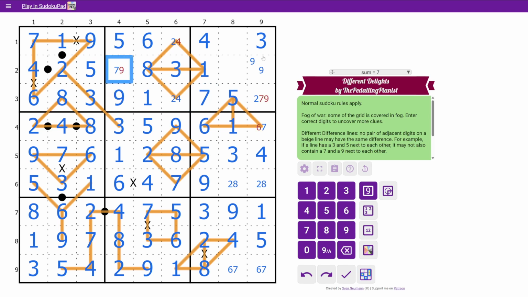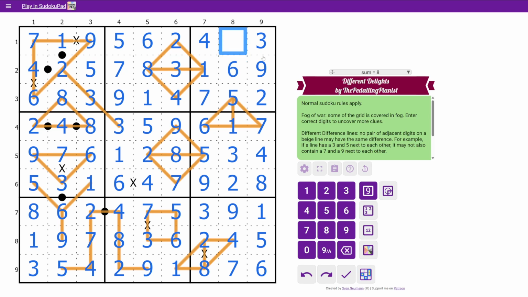And that'll do that. And that'll do that. This has a 6 and a 7 left, so that was a nice little puzzle.